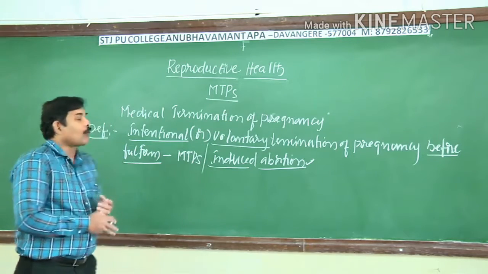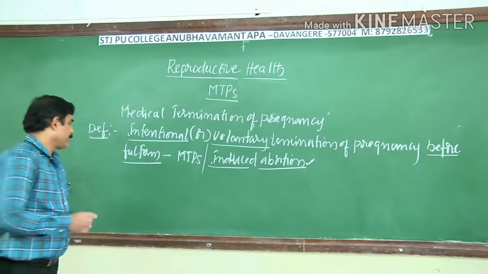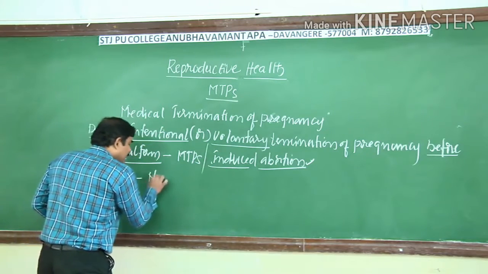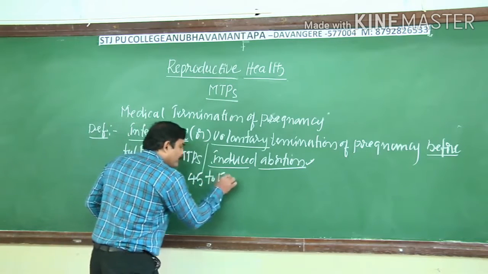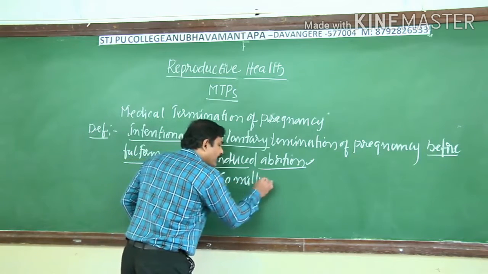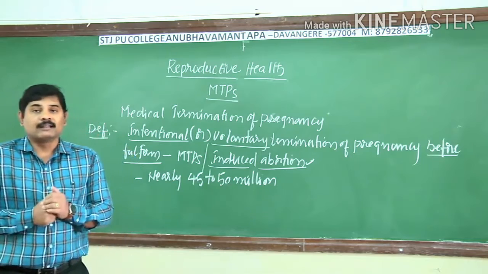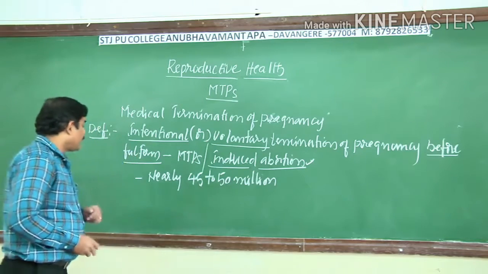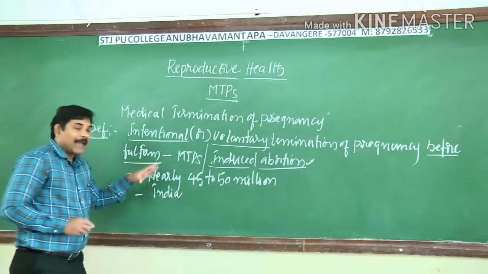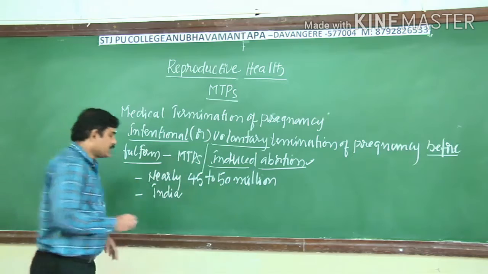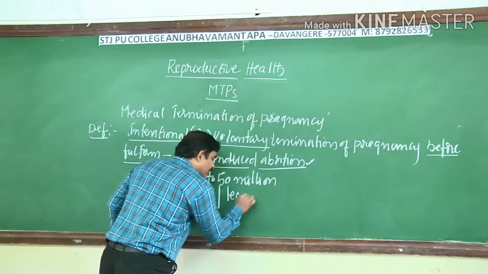Now, what is the scenario of these MTPs in the world as well as India? Let us see now. Nearly 45 to 50 million MTPs are performed every year all over the world. Whereas in India, these MTPs were legalized in the year 1971.